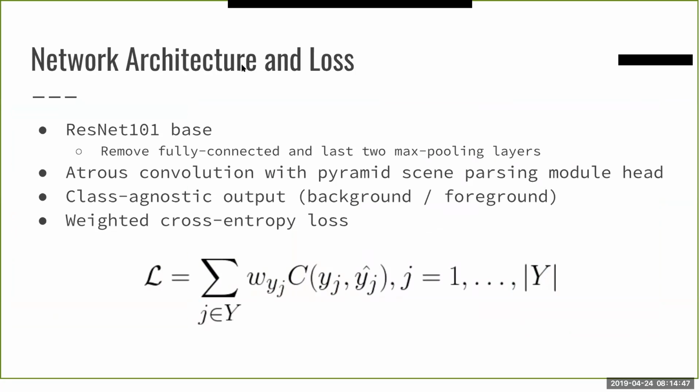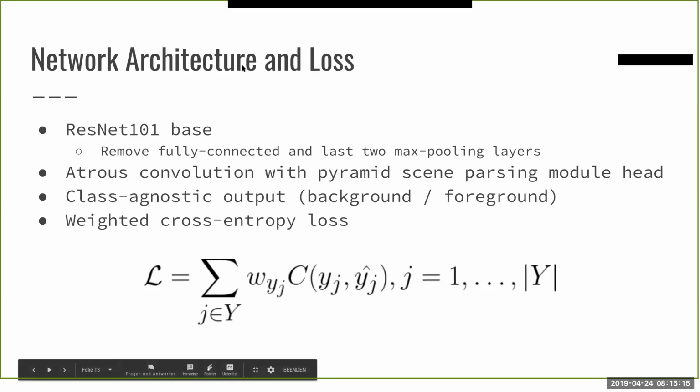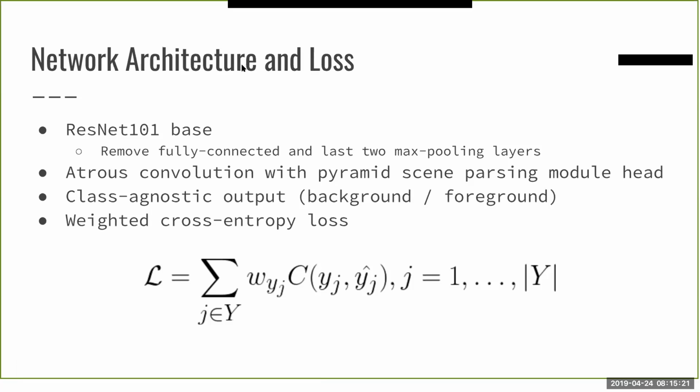They've removed the fully connected layers and the max pooling layers, and they switched those out with either the atrous convolution with the PSP module head or the less sophisticated ASPP, which I'm forgetting the acronym for, but it's another atrous or dilated convolution.